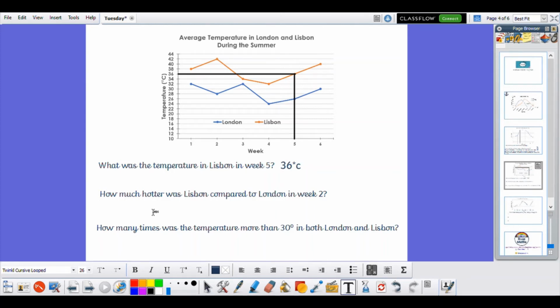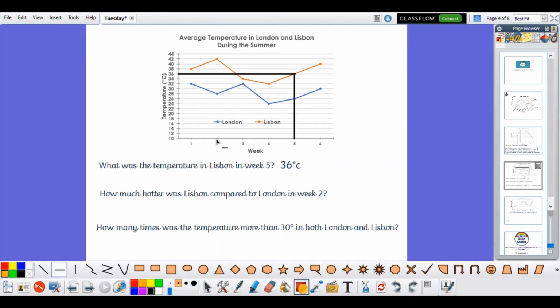So then it says, how much hotter was Lisbon compared to London in week 2? So I'm going to find week 2, and I need to find the data for London and then the data for Lisbon, both for week 2. So let's do London first.